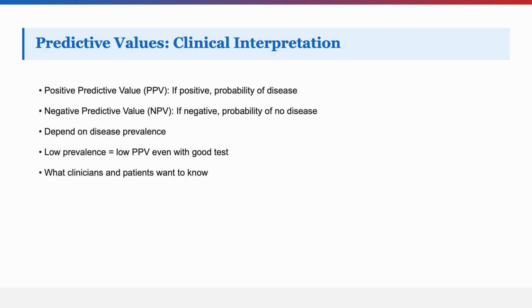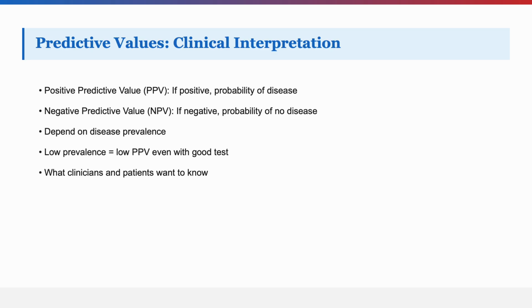With a test that's 95% sensitive and 95% specific, screening a population with 1% disease prevalence gives a PPV of only about 16%. Most positive results are false positives. But in a population with 50% prevalence, the same test has PPV of about 95%. This is why population screening differs from diagnostic testing.